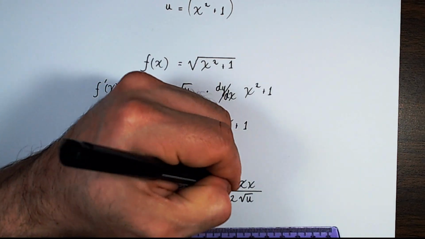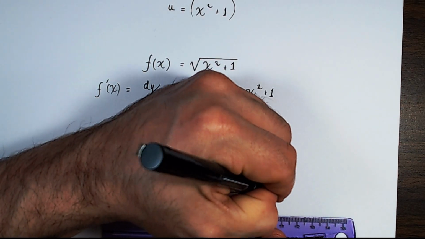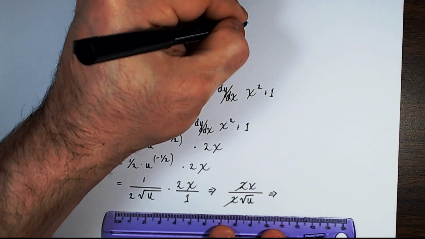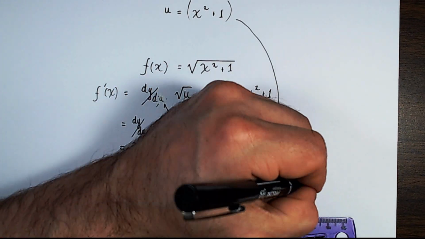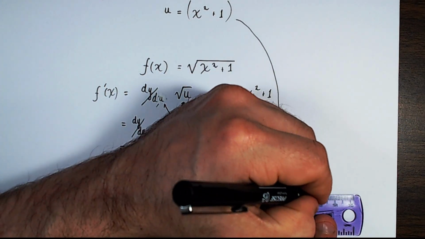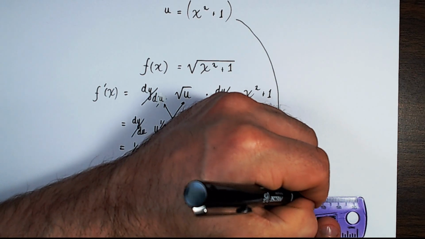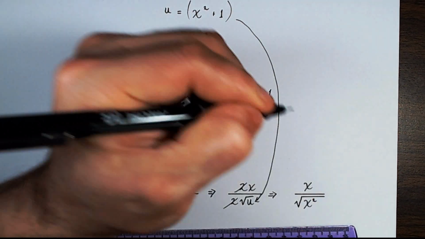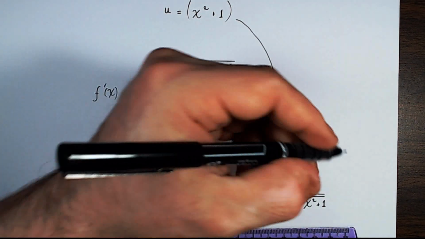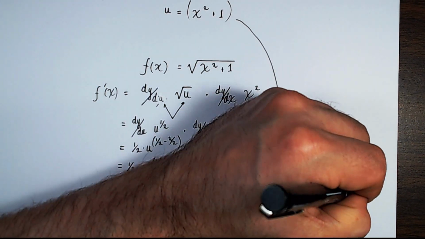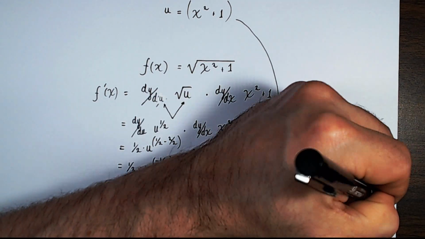The 2's cancel, and now we can substitute our u value back in beneath the radical sign, and we find that we have x over the square root of x squared plus 1. And that equals df of x dx.